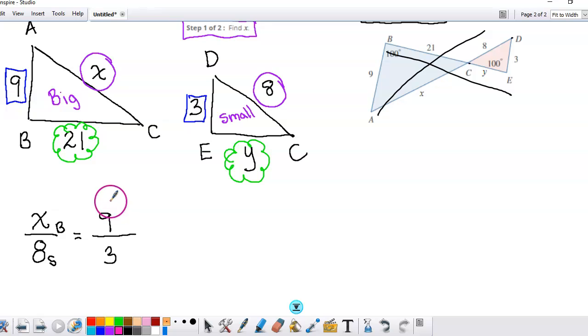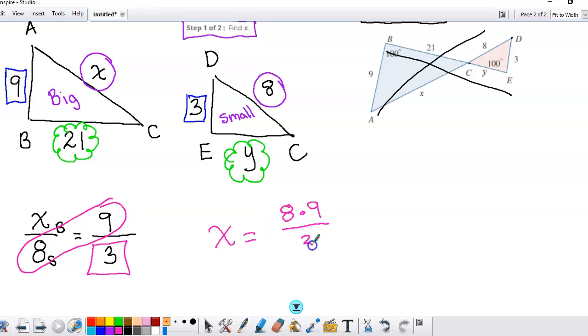Multiply your numbers that are diagonally opposite each other. Divide that answer by the number diagonally opposite the letter you don't know. So my answer will be x equals 8 times 9 divided by 3. This again is an example of a problem that I can simply reduce and be done with.